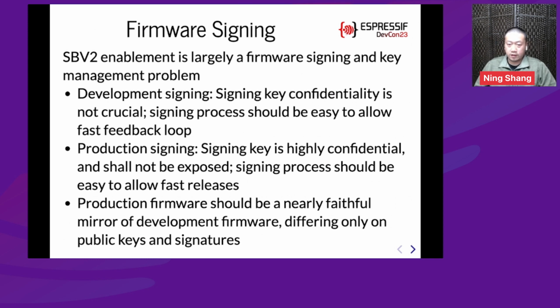So we should not expose the signing key in the production signing scenario. But still, the signing process should be easy to allow fast releases. If there's a bug in the firmware, or if there's a new feature available, you want to be able to quickly release the firmware.